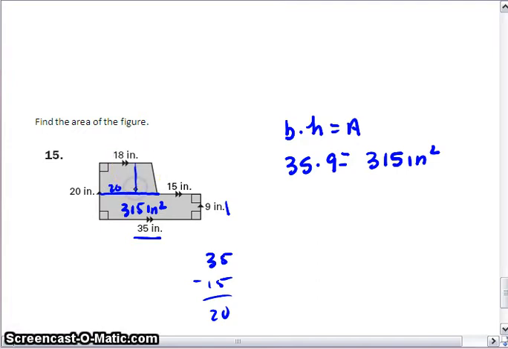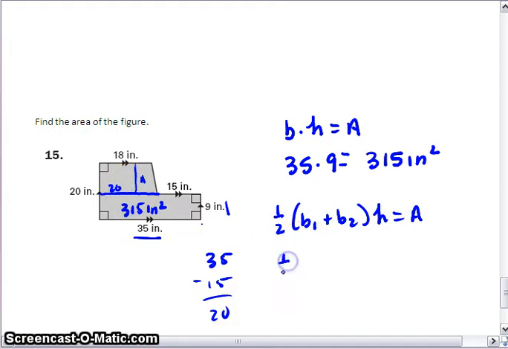My height is going to be 20, which is the height of this side, minus 9, which gives me 11. So I have a height of 11. So now I can take my 1/2 base 1 plus base 2 times my height and get the area of the trapezoid that sits on top of my parallelogram.